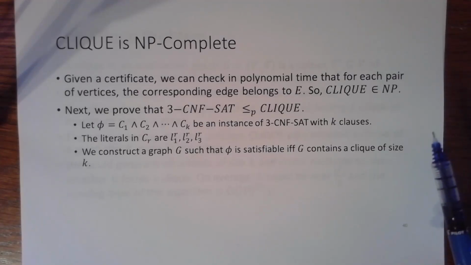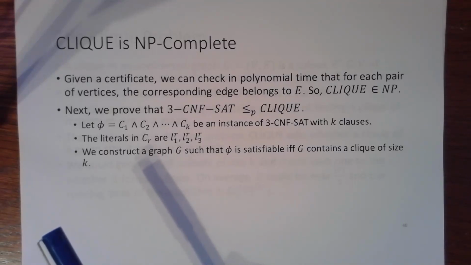First of all, if we were given a certificate, we want to show that we could check in polynomial time that every pair of vertices actually has an edge that belongs to the graph. And so could we do that in polynomial time?